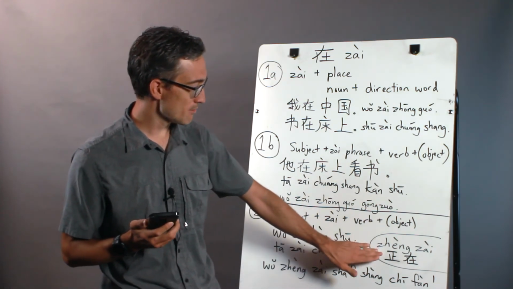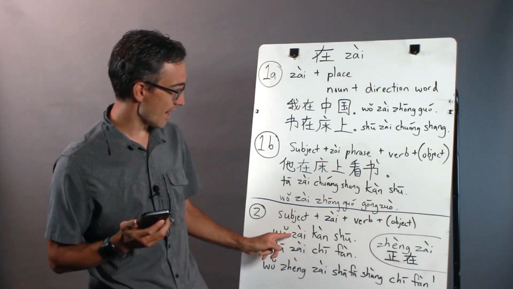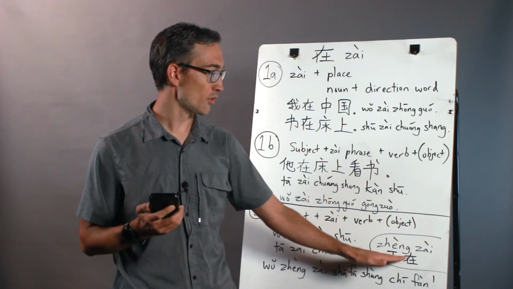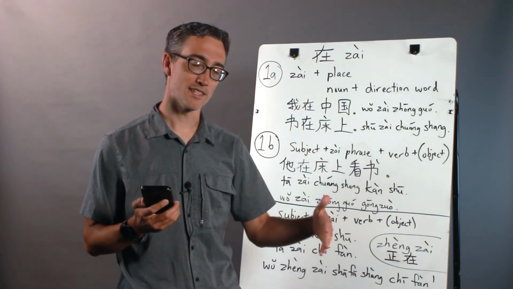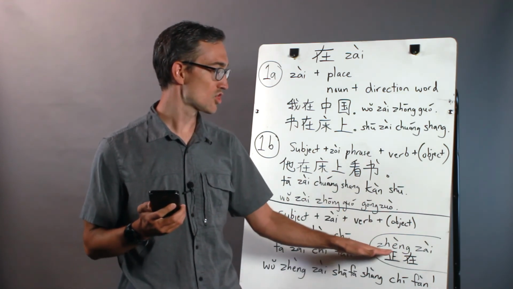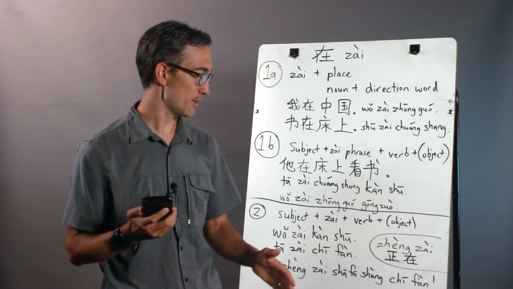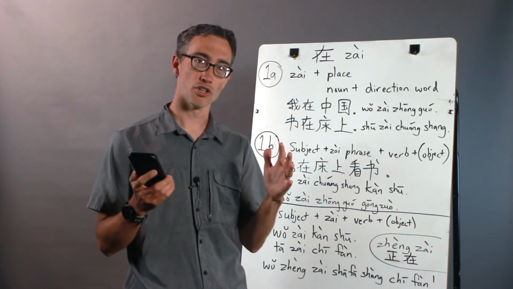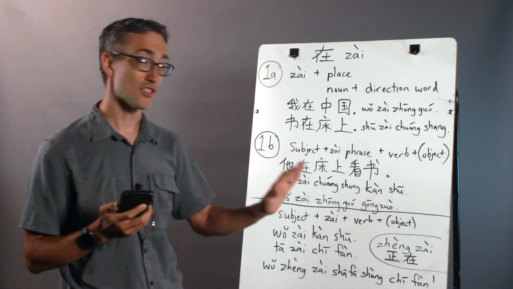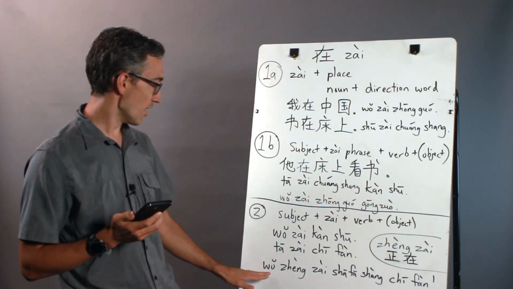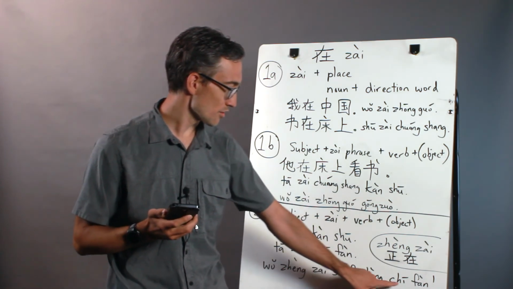I forgot to mention that with this use of 在, there's a fuller word, and if you want to emphasize the idea a little bit, you can use the word 正在. So 在 by itself means something's currently happening, but 正在 is a fuller word that can emphasize it, and so that's what you use here. 我正在沙发上吃饭.